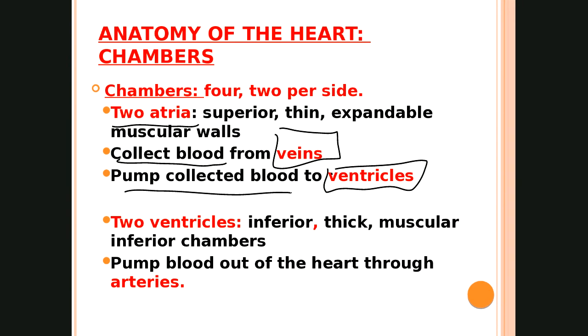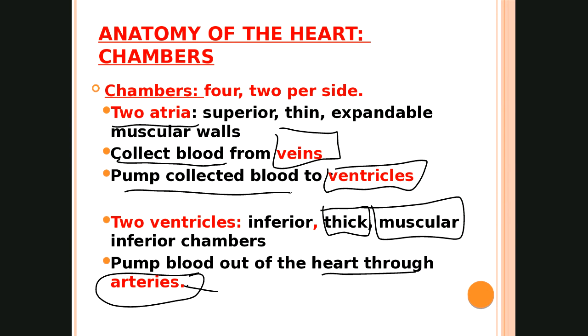The ventricles are inferior. They're very thick, muscular chambers. Their job will be to pump the blood through the arteries that lead to the lungs in the case of the right ventricle and to the rest of the body in the case of the left ventricle.